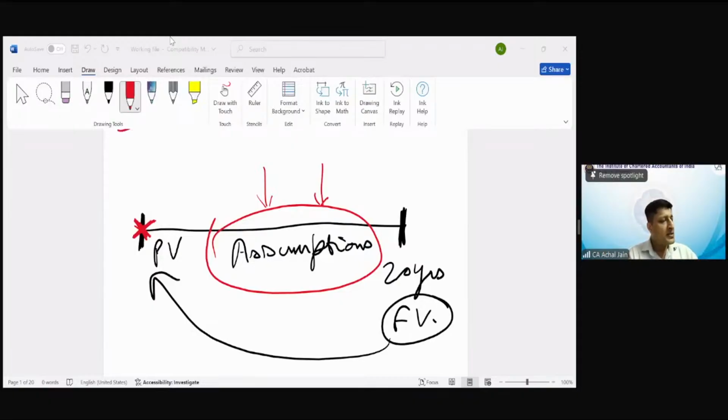So now let's move further. We will pick up the next question. Nidhi has some question. Nidhi, please go ahead with your question. What is your question? Nidhi, I'm waiting for you.